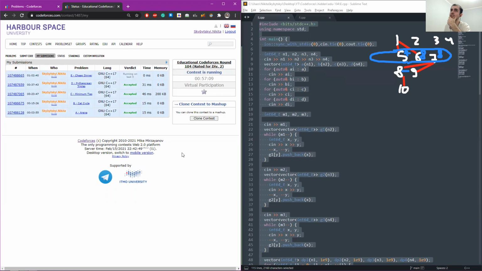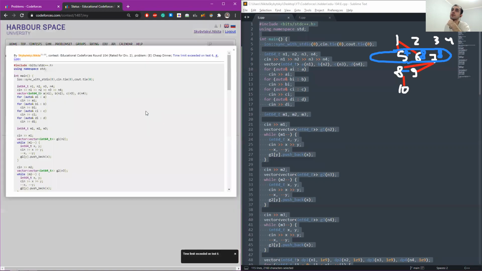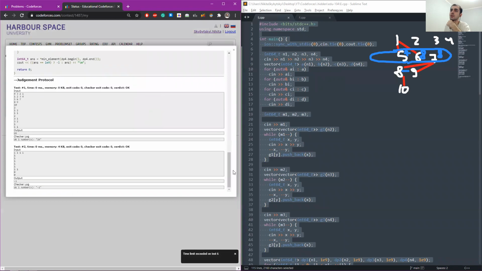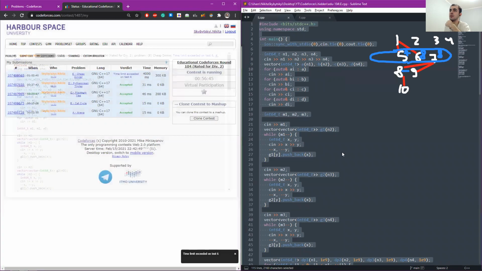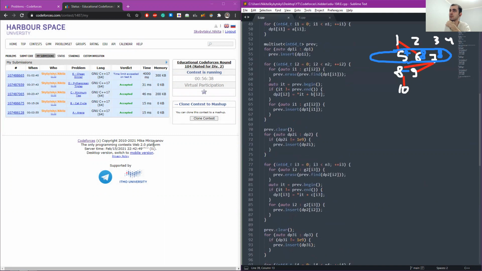Please tell me that the tests are not awfully long. Am I actually going to get TLE because I did not figure out the linear way to do it? Nah, I should not. What the heck? So you have to optimize it somehow, clearly. Because multiset is not fast enough. Interesting.